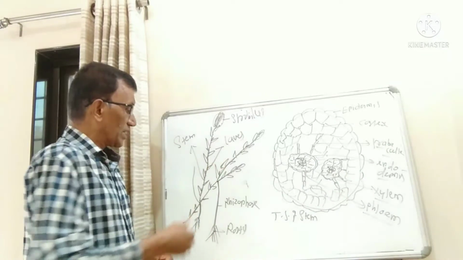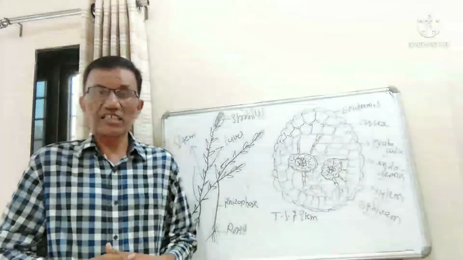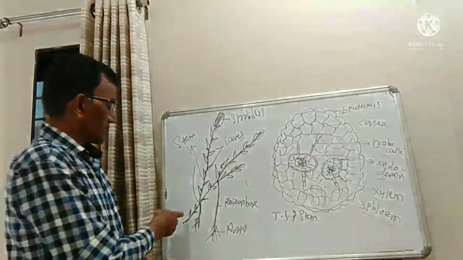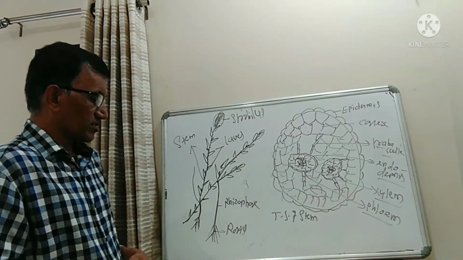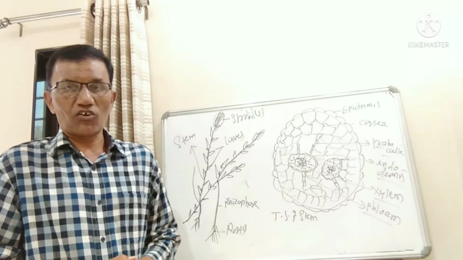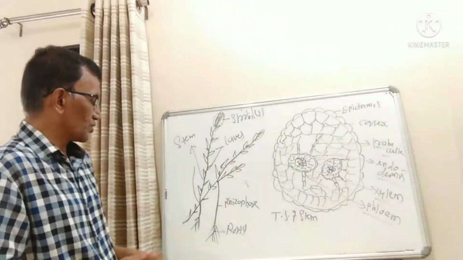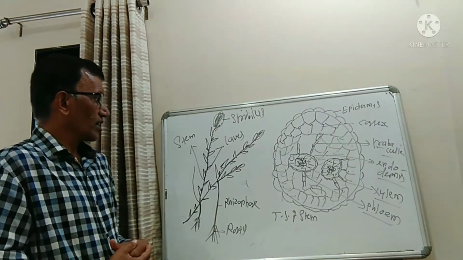This is the figure of Selaginella, which is showing the different parts of the plant body. The small shrubby plant body of Selaginella is mainly differentiated into stem, rhizophore, roots and leaves.